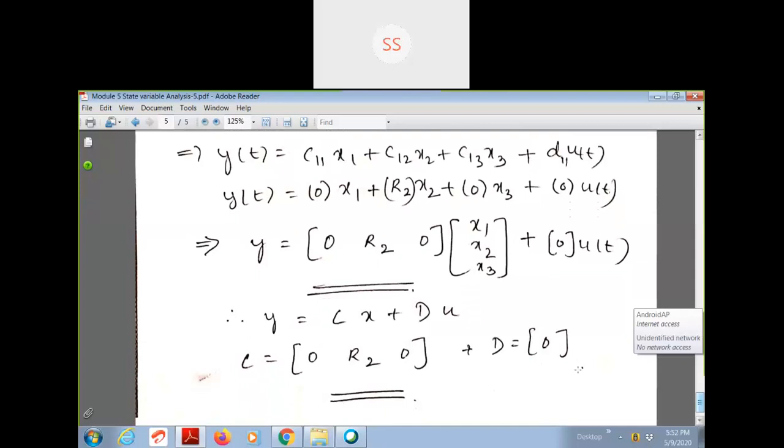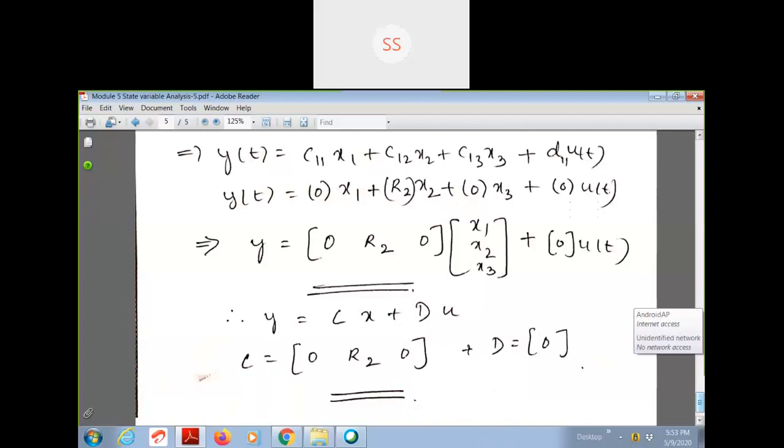So this is the state model for the given problem. The state model is made up of state equations and output equations. We derive all the state equations, represent them in matrix form, and derive matrix A and matrix B. It also contains the output equation in the form y equal to Cx plus Du, so we have to write the C matrix and D matrix.